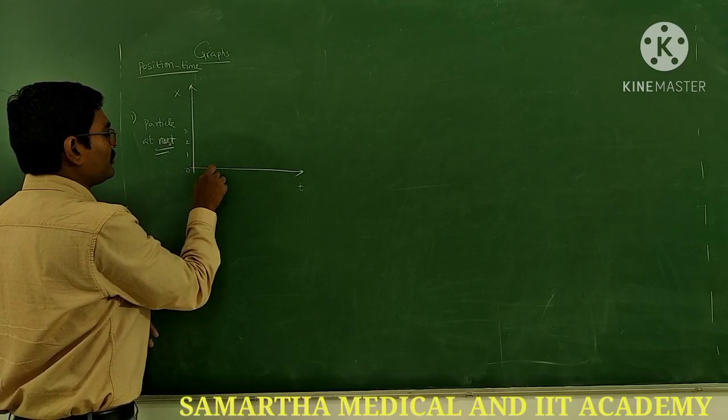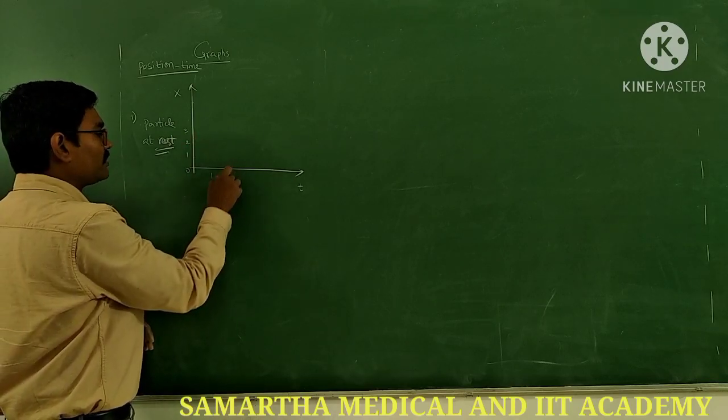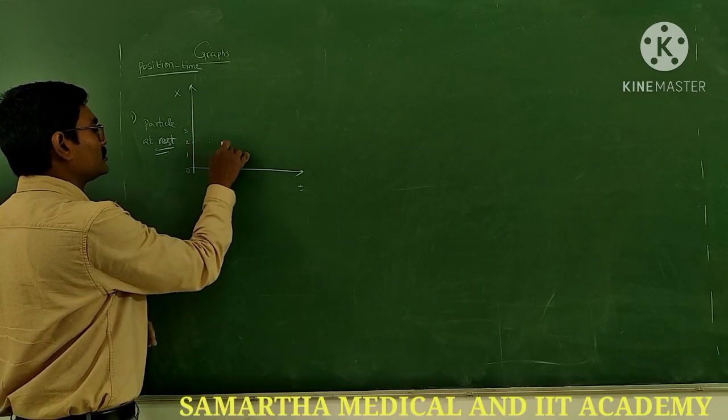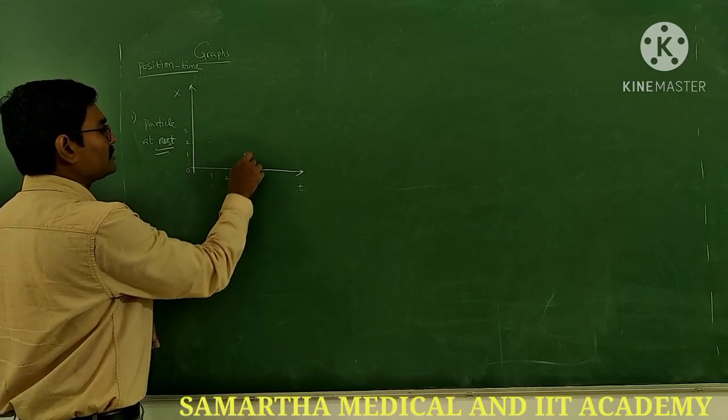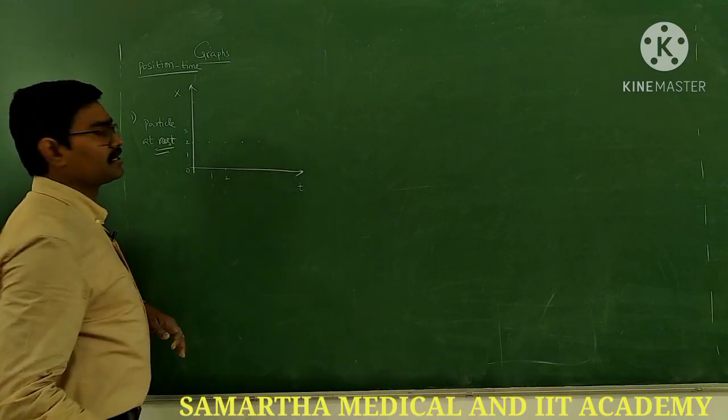After 1 second the position of the particle is at 2 meters. After 2 seconds also 2 meters, after 3 seconds also 2 meters, and after 4 seconds also 2 meters.